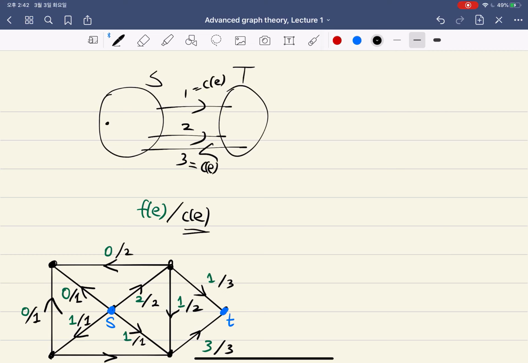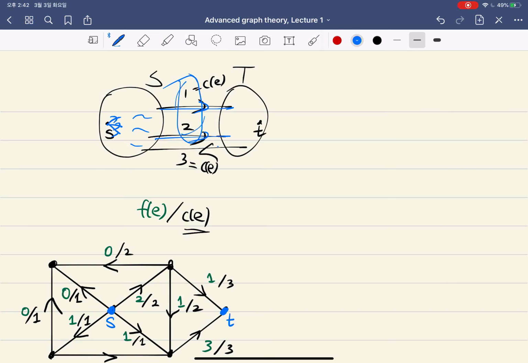In here, we have S and T. Then no matter how we take the flow, the maximum amount of water that can flow from S to T is bounded by the capacity of the cut, because water is produced here and then it's flowing, and here it flows by at most 1 and here it flows by at most 2, and then here the best case is no flow going from here to here.